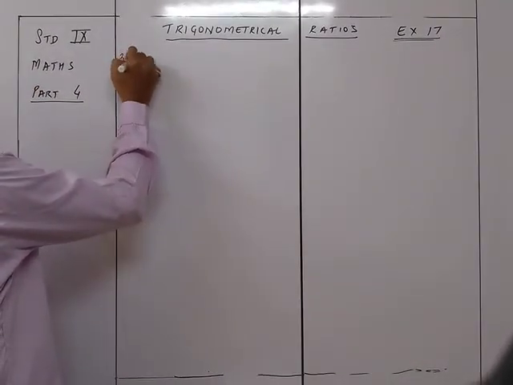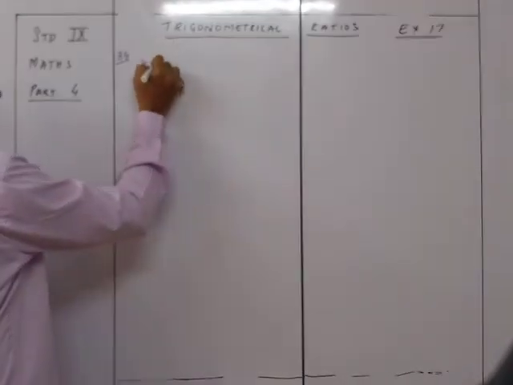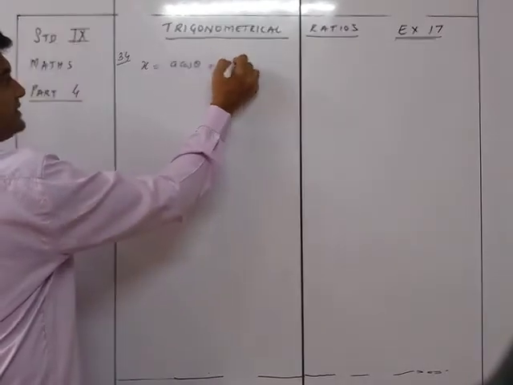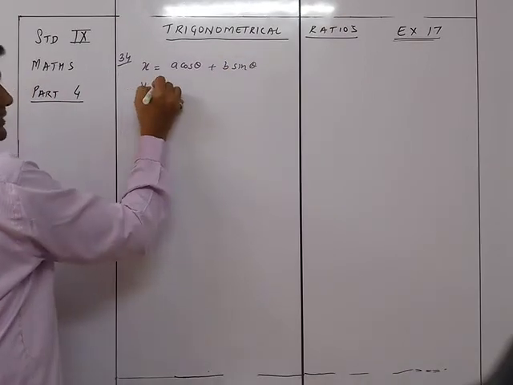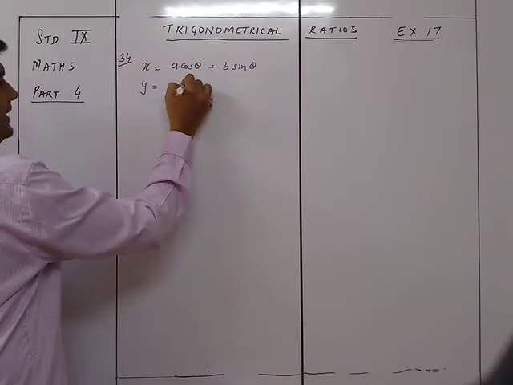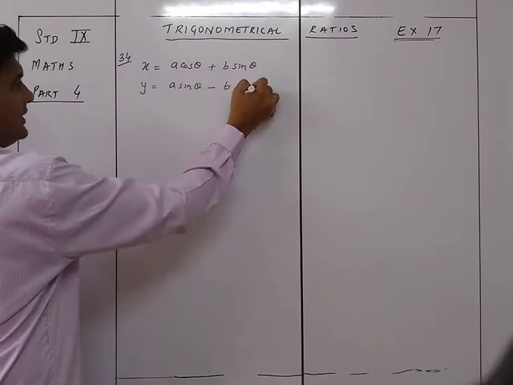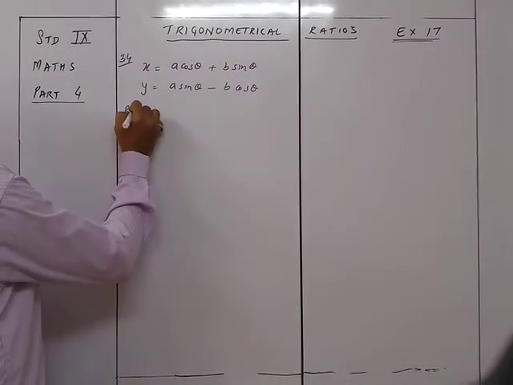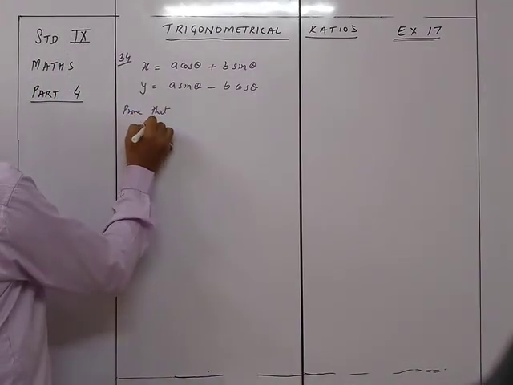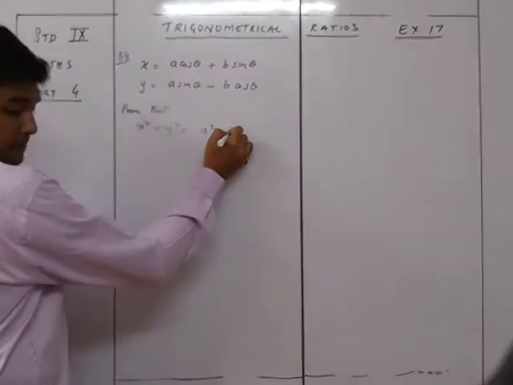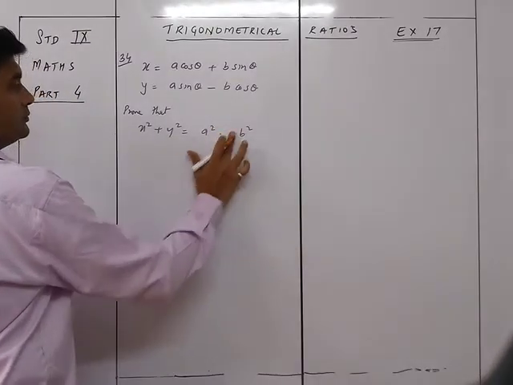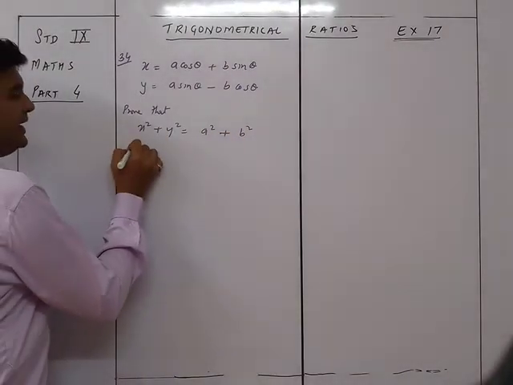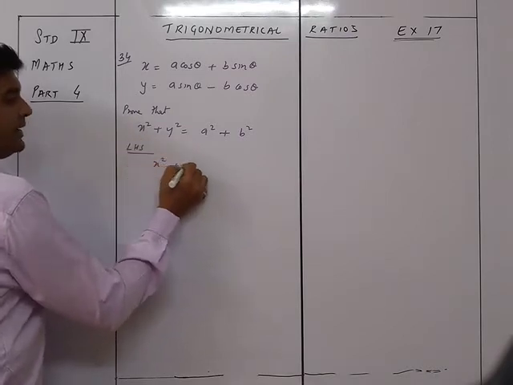Sum number 34: if x is equal to a cos theta plus b sin theta, and y is equal to a sin theta minus b cos theta, you have to prove that x square plus y square is equal to a square plus b square. So you'll take the LHS, which is x square plus y square.